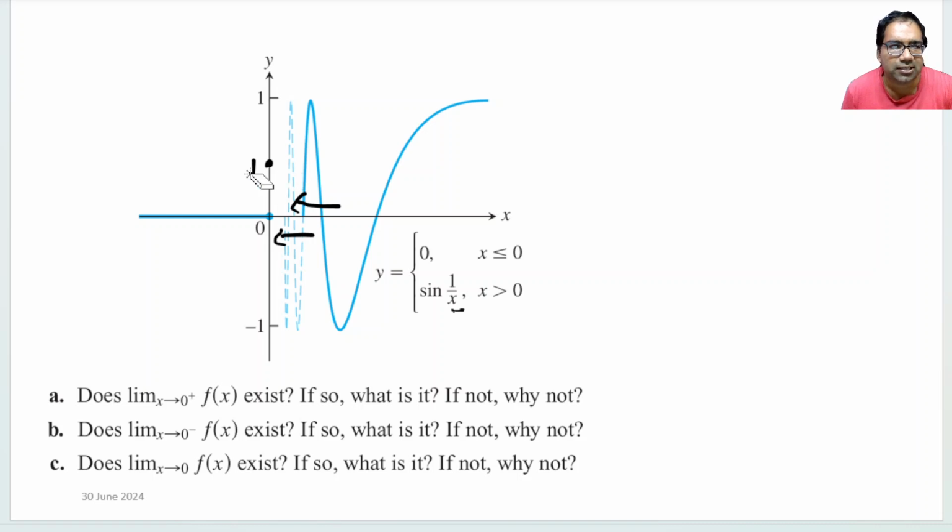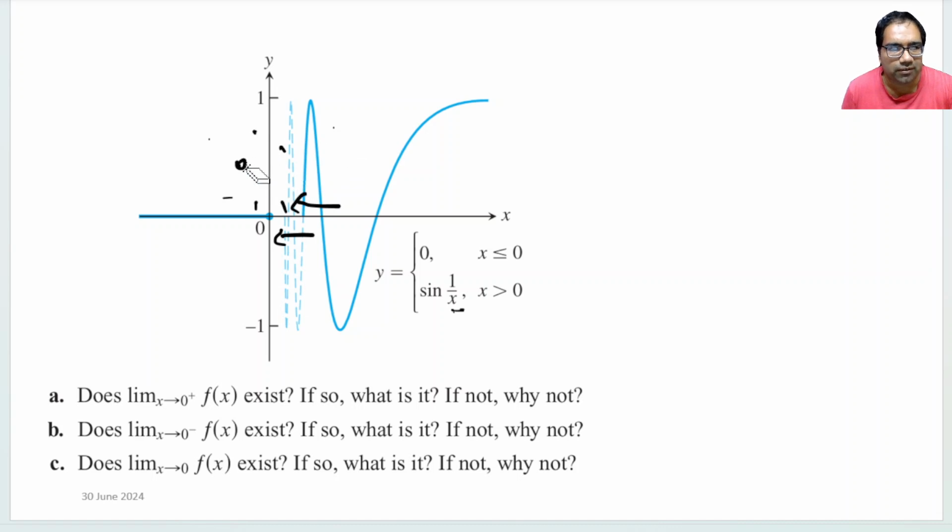When someone gives an epsilon like this, let's say we define 0.5 as the limit, and someone defines a range of 0.1 on either side of 0.5, the function should stay within it. We are not able to define any delta within which the entire function lies within this range. This is essentially fluctuating a lot.